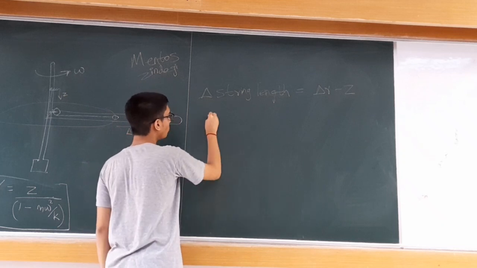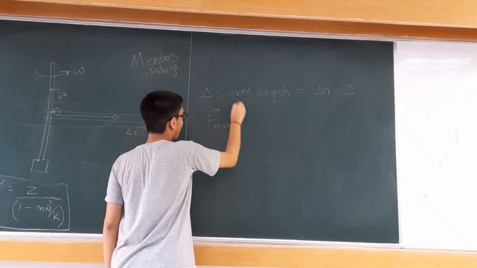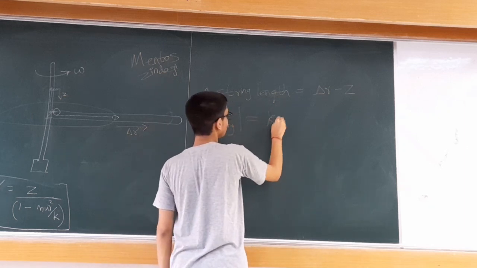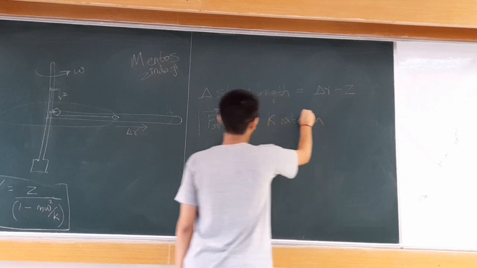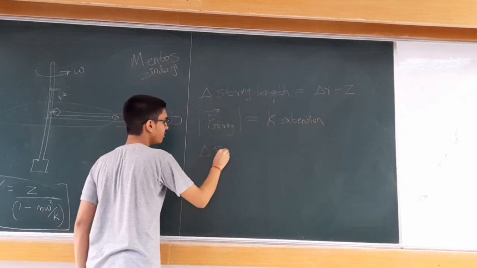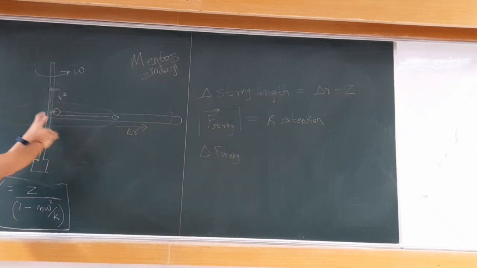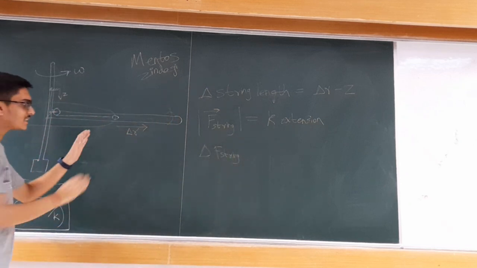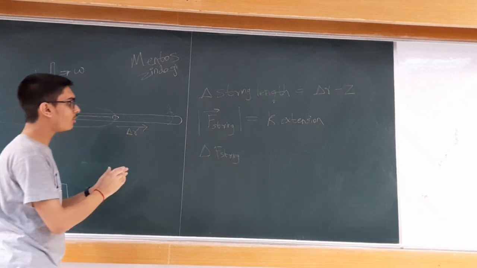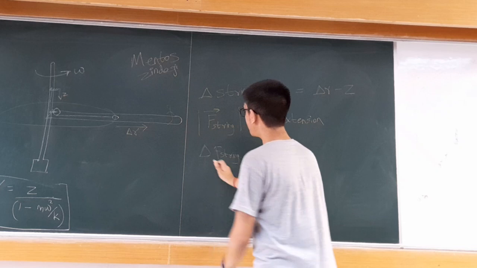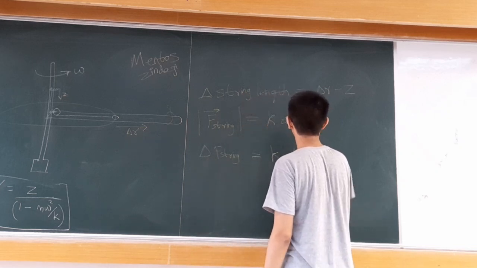So we also know the spring force or string force magnitude is equal to k times extension. Initially there was some string force being applied because there was already some extension, but since we change the extension, for every change in extension, the change in string force is equal to k times change in extension.